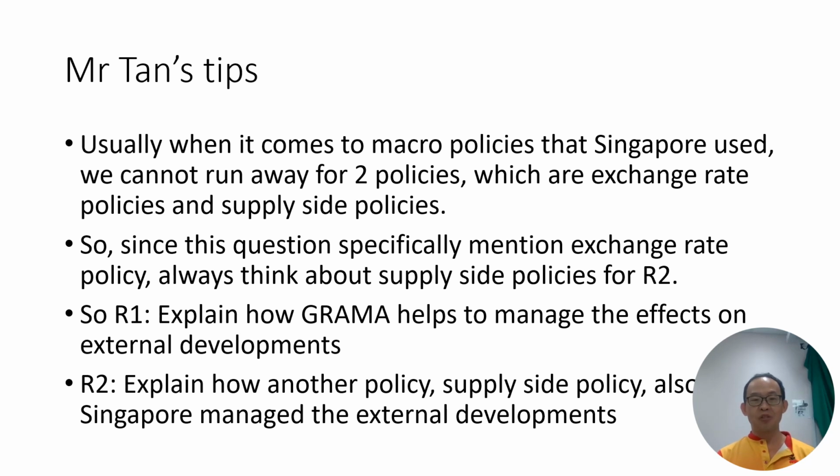So this means that in R1, you are basically explaining how GRAMA, the gradual and modest appreciation of our Sing dollar, helps to manage the effects of external developments. And for your R2, explain how another policy, in this case supply side policy, also helps Singapore to manage the external developments.